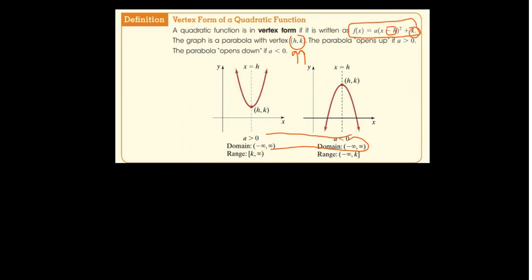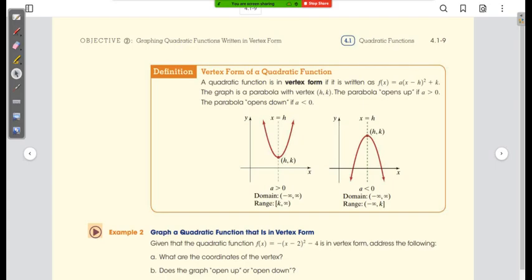I will erase these though. All right, so let's look at the example here. Alrighty, so this reads, given that the quadratic function is in vertex form, address the following.